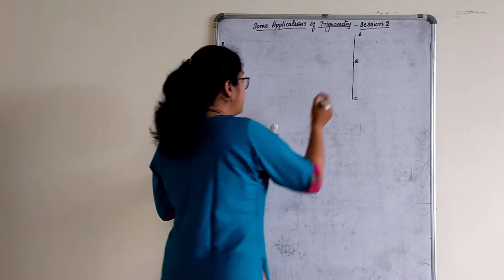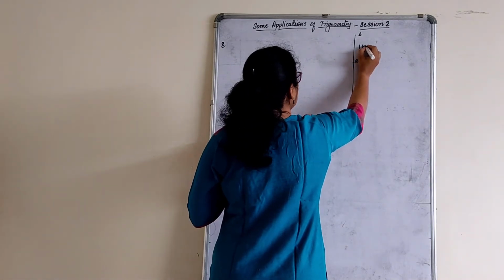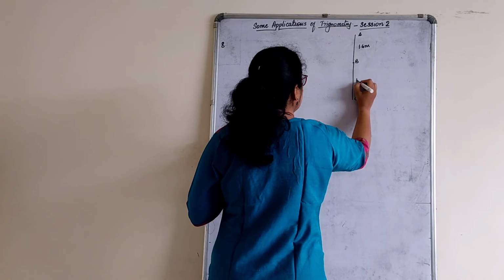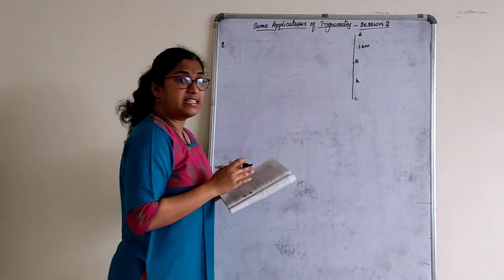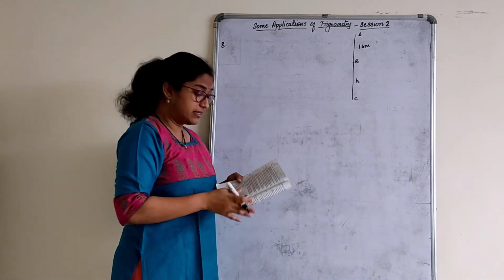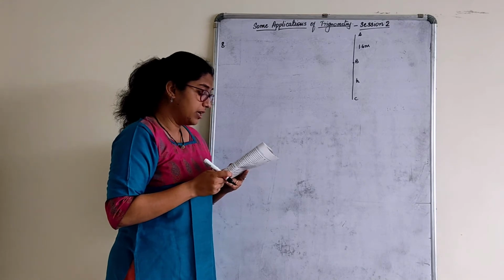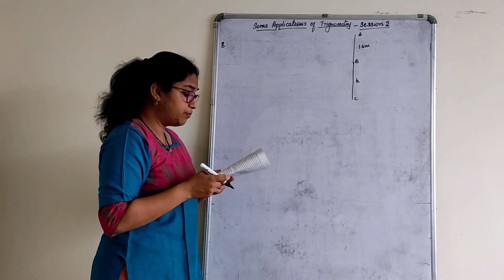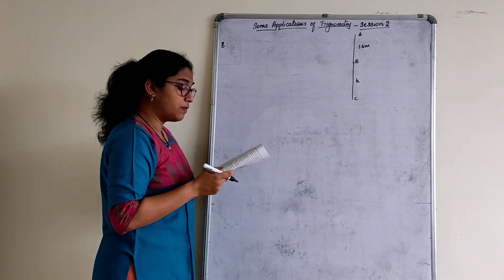A statue 1.6 meter tall. So this statue is 1.6 meter tall and this height is not given. It is the reverse of the previous 7th sum we had done. A statue 1.6 meter tall stands on the top of a pedestal.